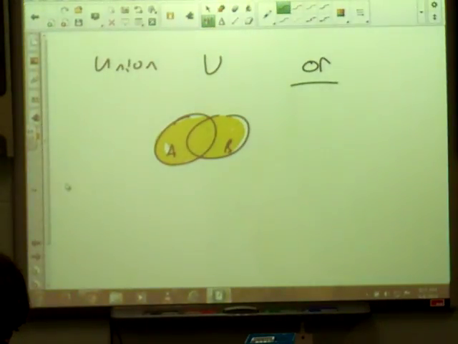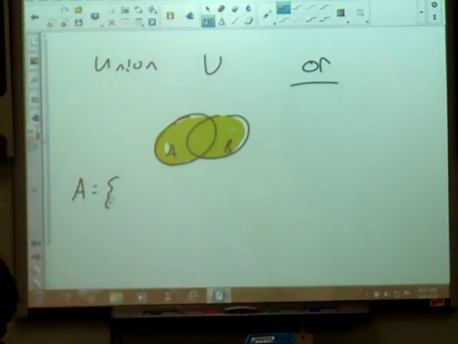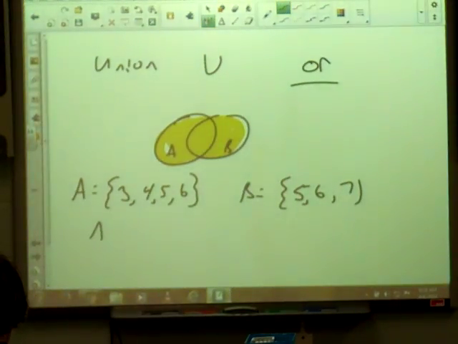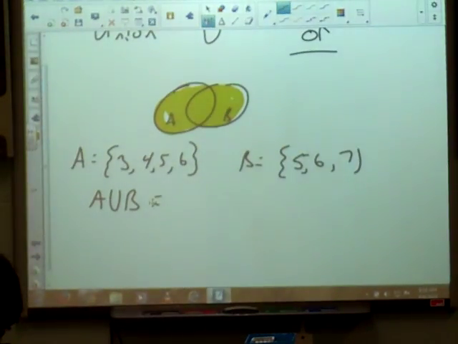Okay? So if I told you that set A had the numbers, do the same one we did earlier, 3, 4, 5, and 6, and set B had the numbers 5, 6, and 7, I wanted to know what is the union of set A and B. So what I'm looking for now, if it's in either one of them, it's part of the union.